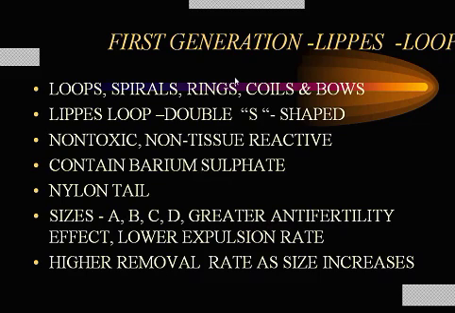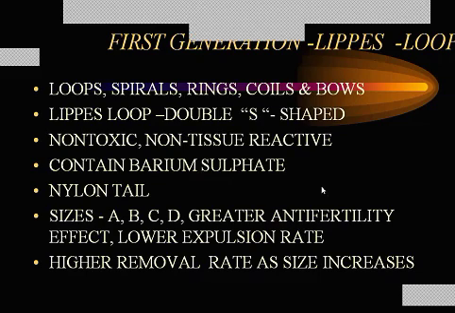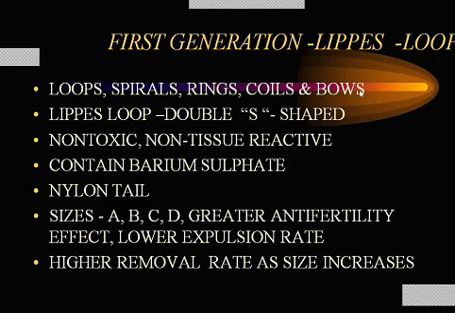The advantage of this device is it has a greater anti-fertility effect, and the expulsion rate is also low. But the removal rate is very high because of its size and side effects like pain and bleeding. This IUD is more suitable for multiparous women.